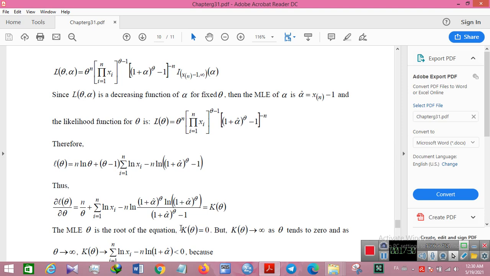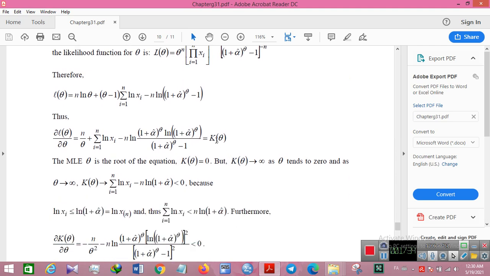If we look at this function chi theta, we find that if theta tends to 0, chi theta tends to infinity, and if theta tends to infinity, chi theta tends to a negative value.